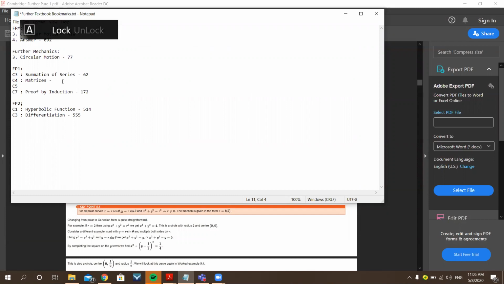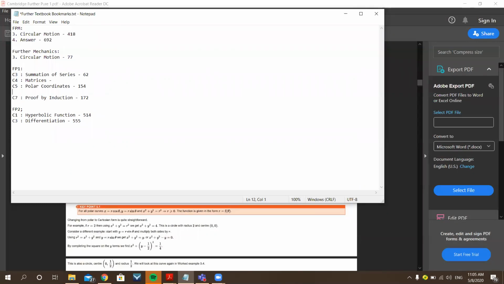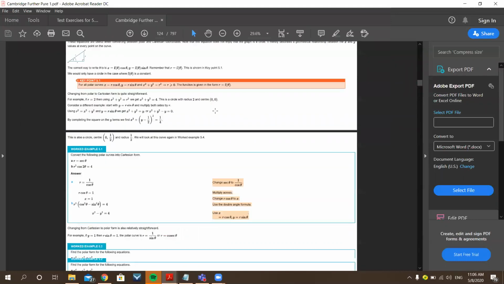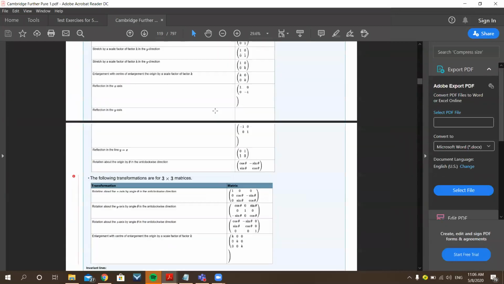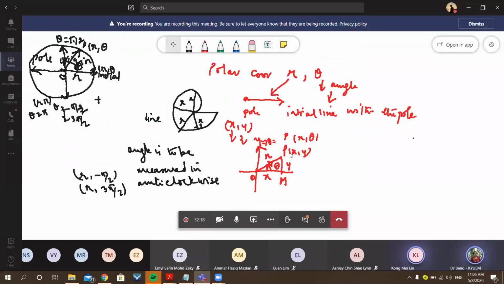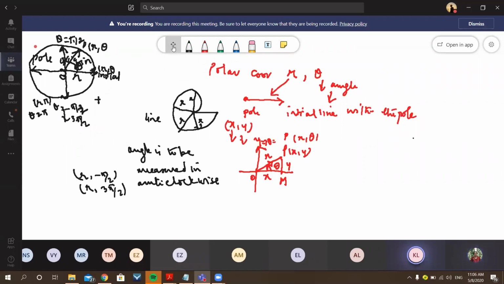When you reach 90 degrees, this is your y-axis, isn't it? This y-axis, I'm going to call theta equal to pi by 2. This is your positive x-axis, so plus x, we are going to call this theta equal to 0. It's the same thing. You're not doing different things, only the names have changed.